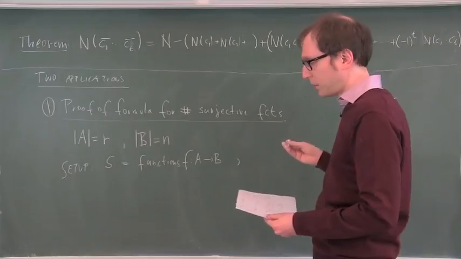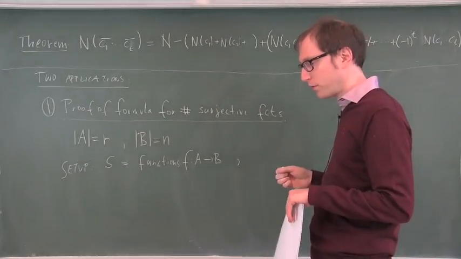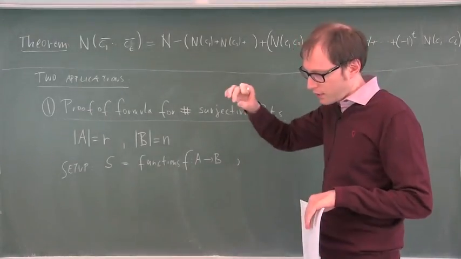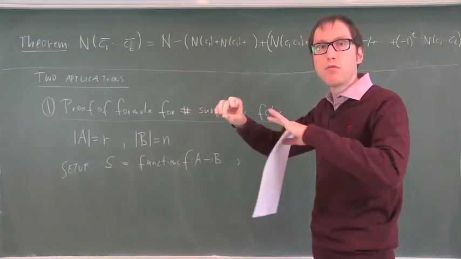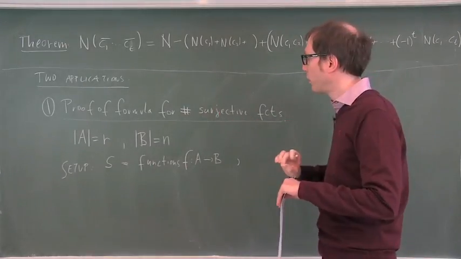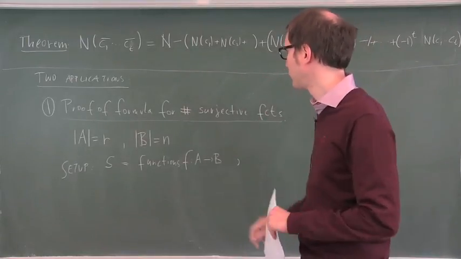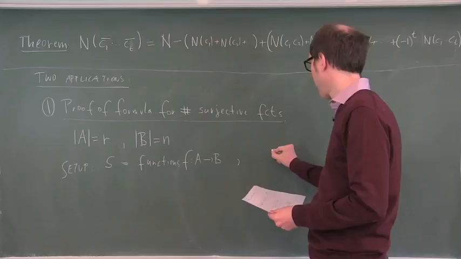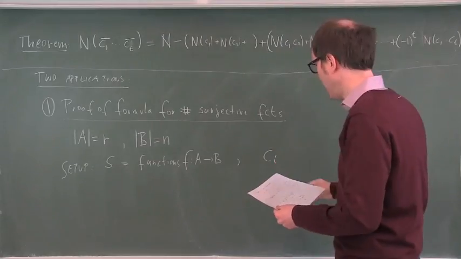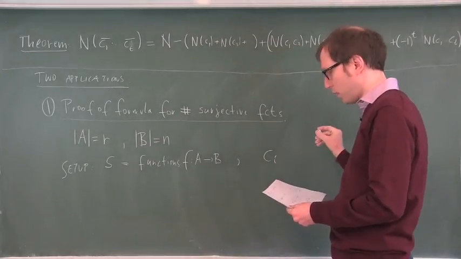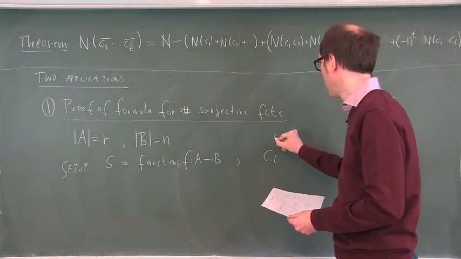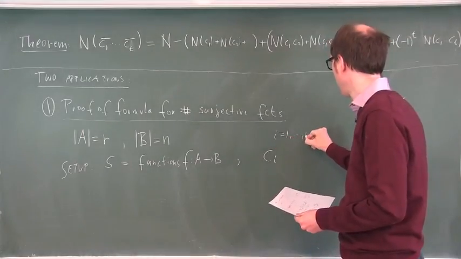Well, if you think a little bit about it, the important thing about a surjective function is that every element in B is in the range. So T could be the number of elements in B, so T is N. And so Ci goes from 1 up to N, so i from 1 to N.